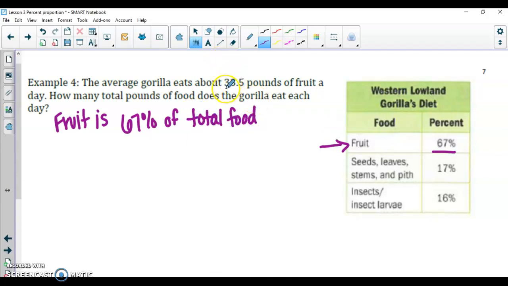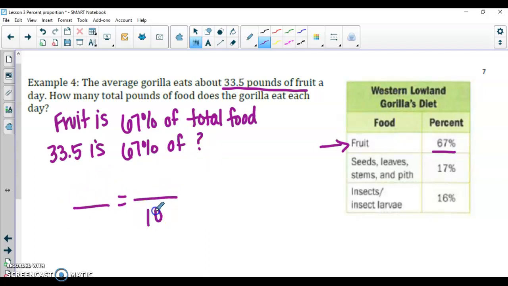It tells us that the gorilla eats 33.5 pounds of fruit. So the fruit, which is 33.5, is 67% of, I don't know. If I'm setting up my is over of, percent over 100, my percent is 67, my is 33.5, and my of is x.